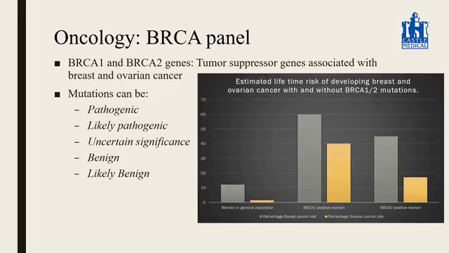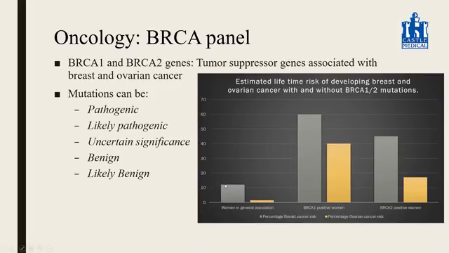I already talked about BRCA, but let me give you a brief idea again. In the BRCA panel, we are testing the BRCA1 and BRCA2 genes. These genes are actually tumor suppressor genes, but when they are mutated, the tumor suppressor effect is defective, and that's why it leads to breast and ovarian cancer. As you can see in this picture, the gray bar represents the percentage of breast cancer risk, and the yellow bar represents the risk of ovarian cancer.